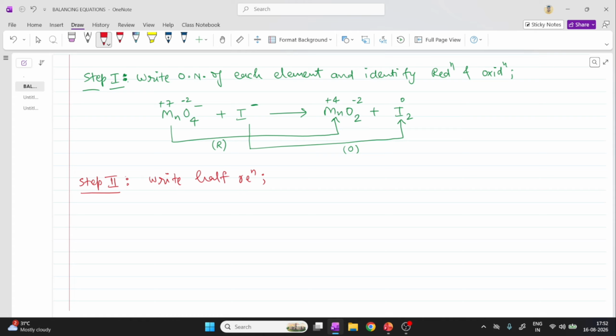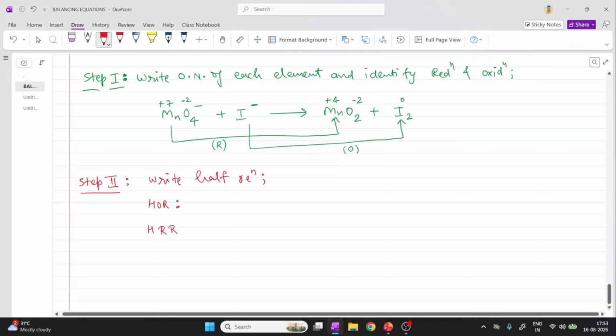How can we write half reactions? We know oxidation and reduction are two processes, so we can write the half oxidation reaction and then the half reduction reaction. We have to split this particular reaction in two parts.